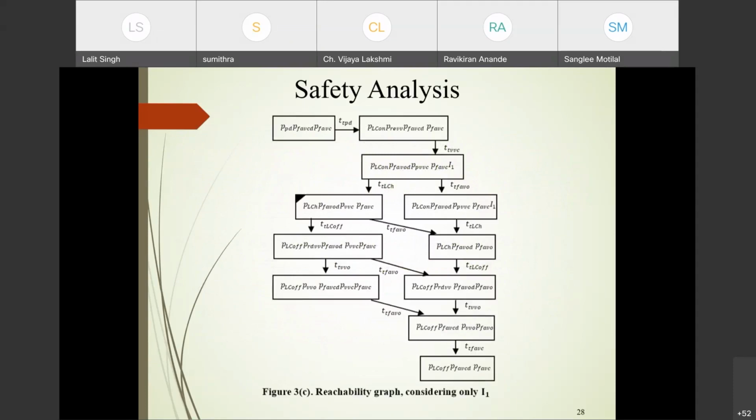So we can try putting only the I1 state, and again we see that there is one risky state, which is represented by the solid triangle in the upper left state.